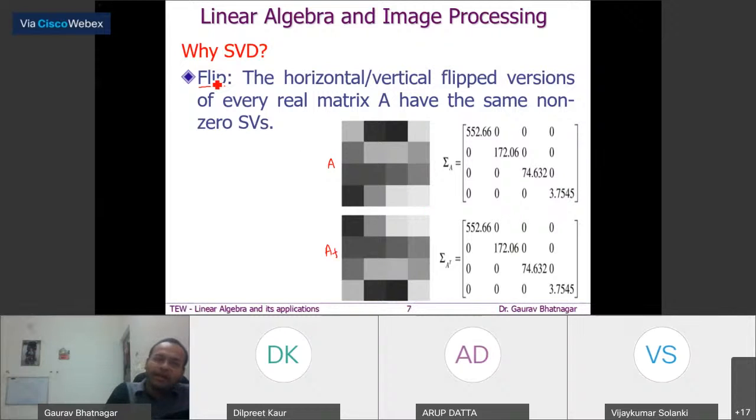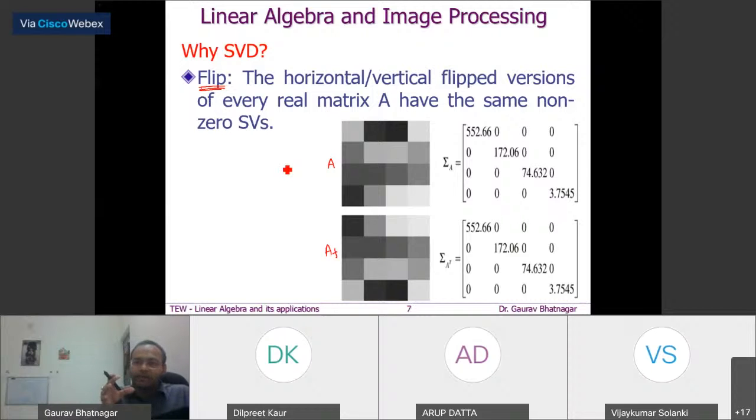Now the flip is again of the utmost importance, because the flip is nothing but a rotation by 180 degrees. When you look at the reflection of anything, it is going to be a rotation by 180 degrees, either in the clockwise or counterclockwise direction, depending on whether you are in the first, second, third, or fourth quadrant.